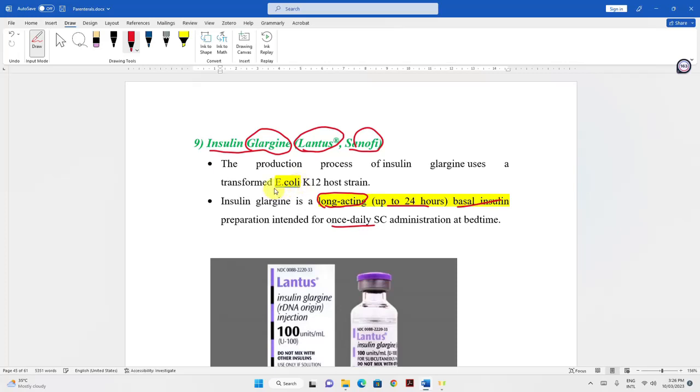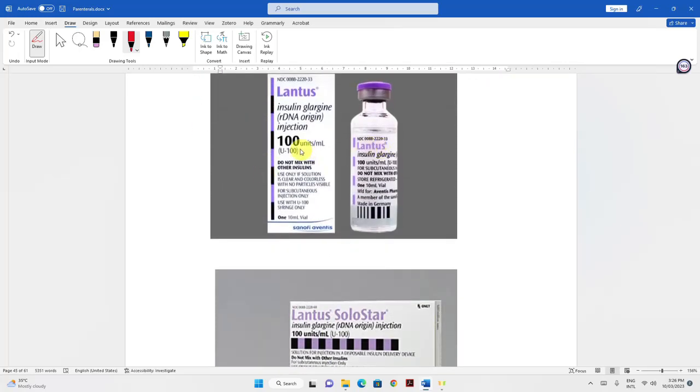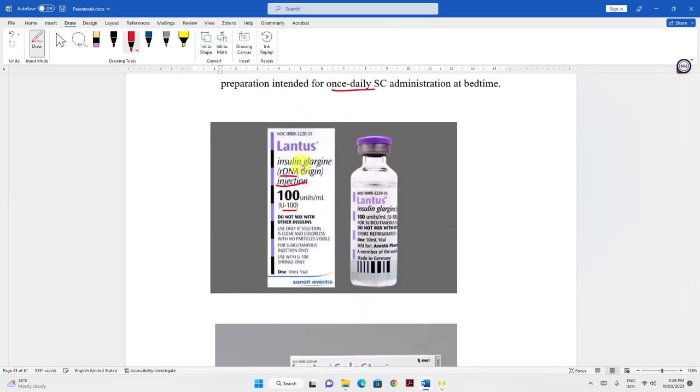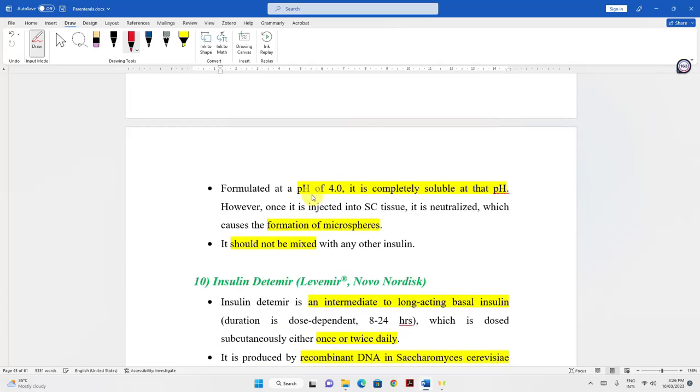The strain that they use is E. coli K12 host strain. That's what they call it. See here, they must mention its rDNA origin. They said injection, meaning it's sterile, 100 units per ml, U100. The product name is Lantus, and it's available as pen.